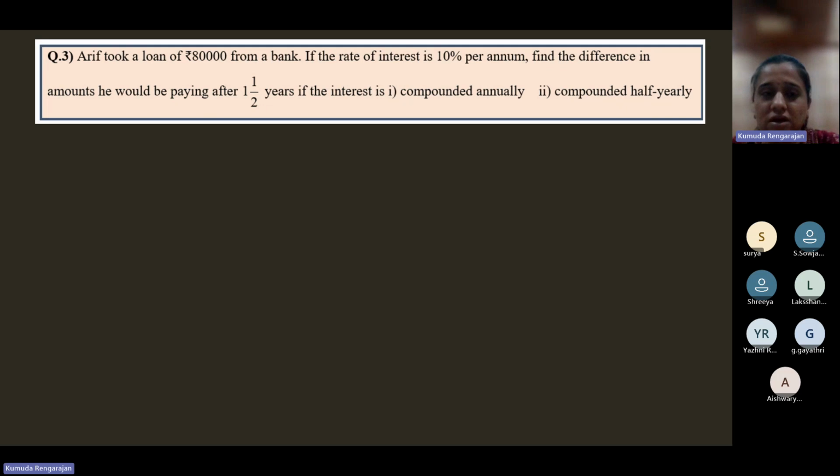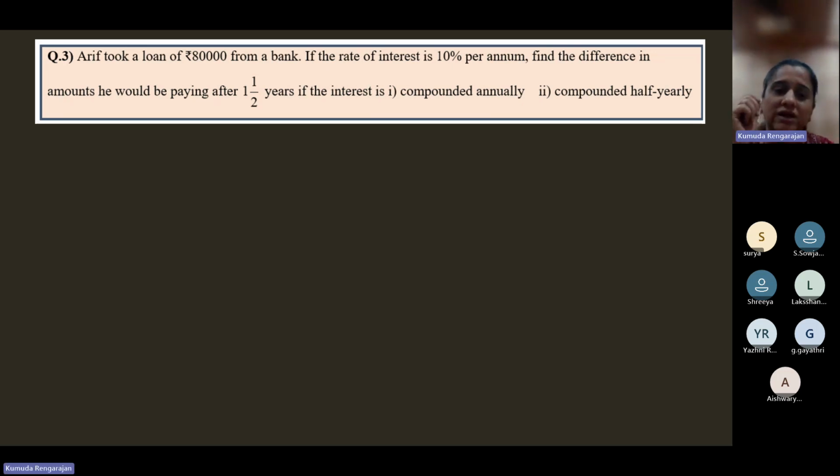Two cases. What is the money he will pay if the interest is compounded annually, that is yearly? What is the amount he would pay if the interest is compounded half yearly? And what is the difference in these two amounts? Is the question.